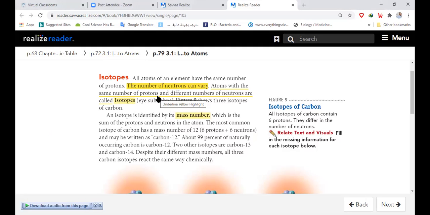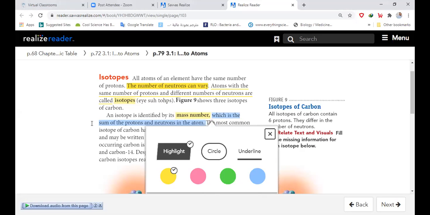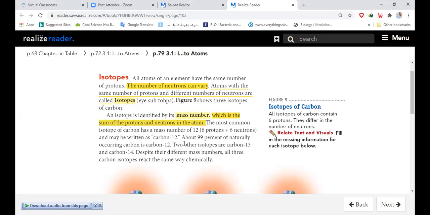Figure 9 shows 3 isotopes of carbon. An isotope is identified by its mass number, which is the sum of the protons and the neutrons in an atom. The mass number means protons plus neutrons.